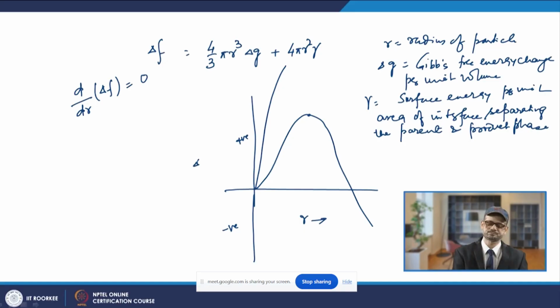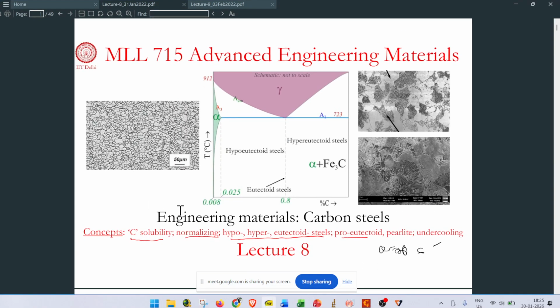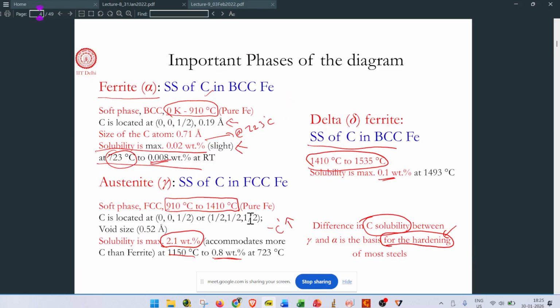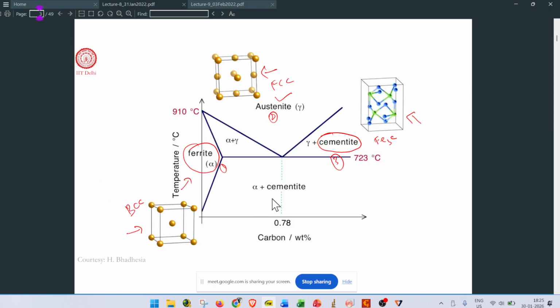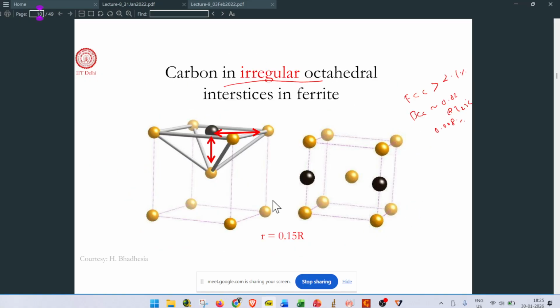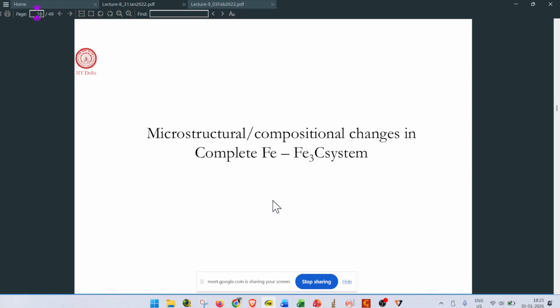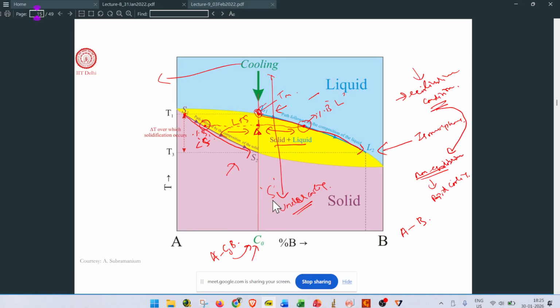Okay, so if you see here, if you are cooling, if we have a solution with two elements in the solution.